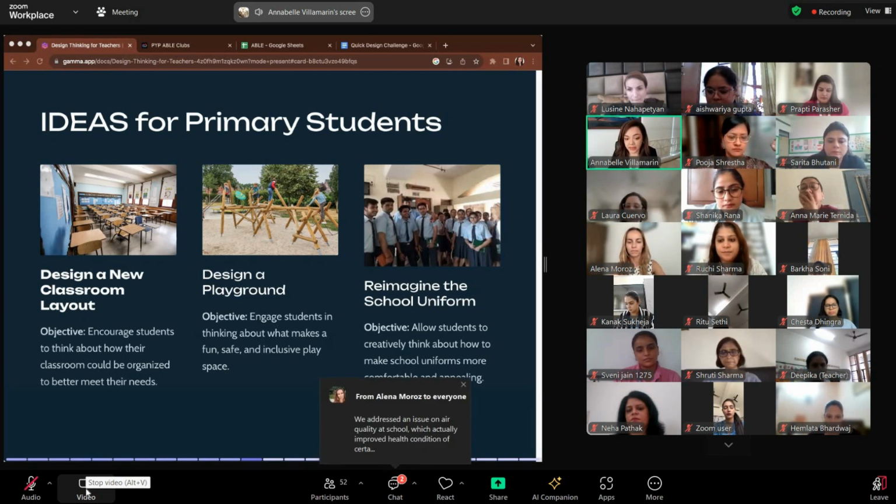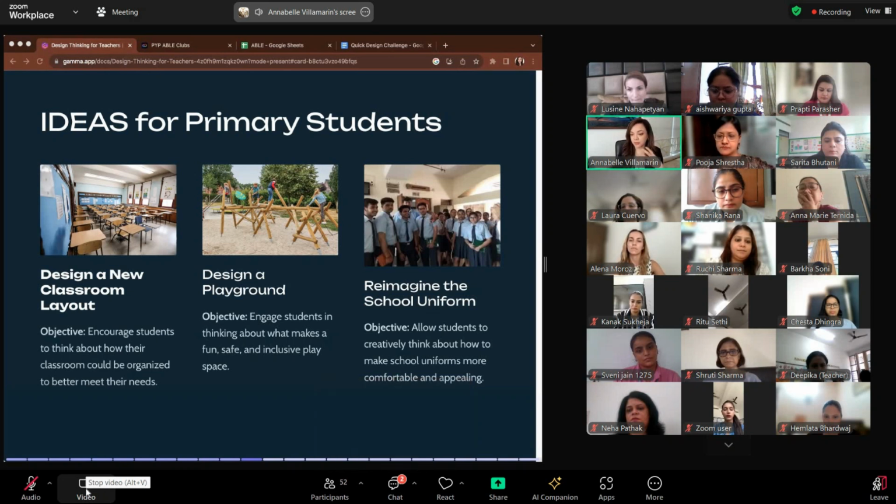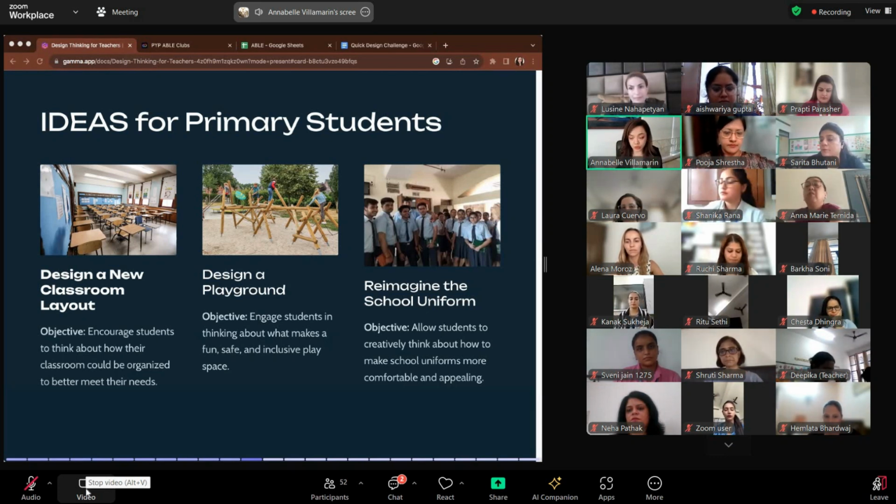So let's go ahead and redesign the playground. Of course, they will use crayons and paper, maybe building blocks to redesign their playground. But here you are giving them a layer of being respectful to others by adding the word inclusion. If you have defined that already in your school, you can tell them, okay, how can we make everyone feel included in our playground?